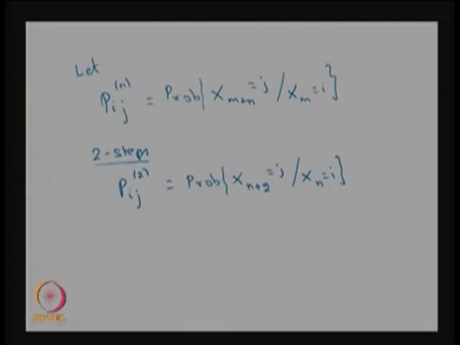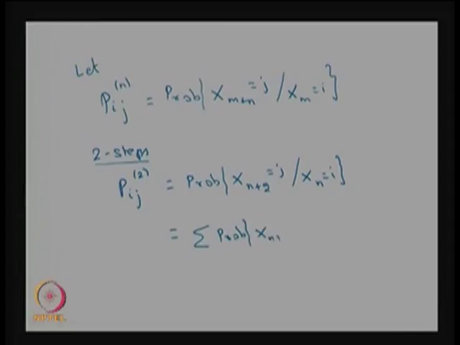This is true for all n because the DTMC is time homogeneous. So, this probability you can write as the 2 step transition probability of the system moving from the state i to the state j in 2 steps.